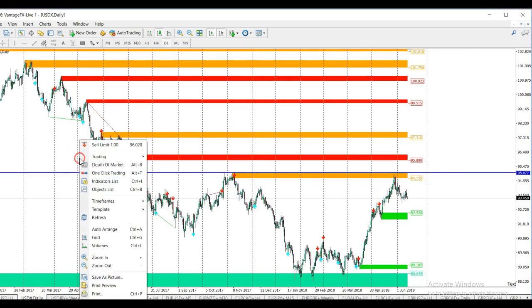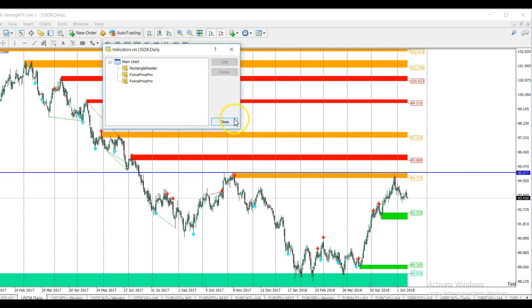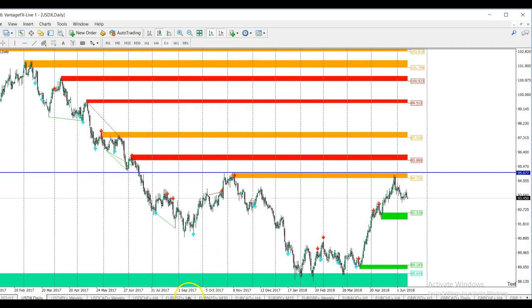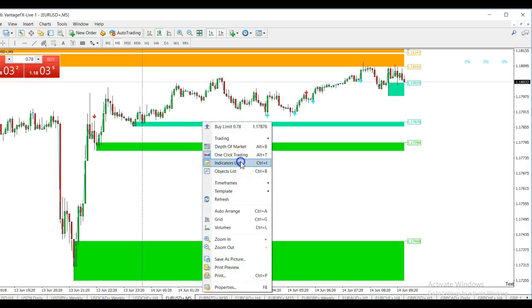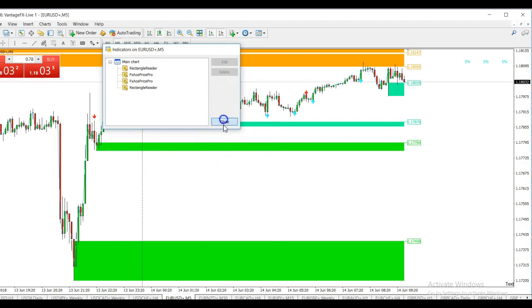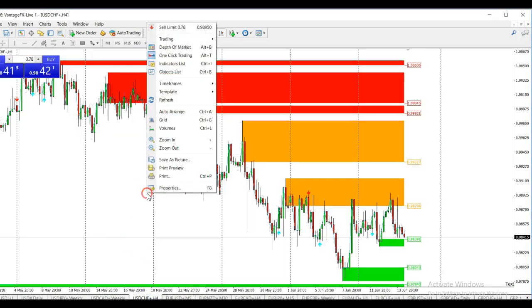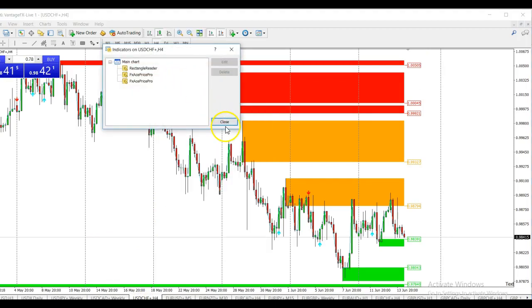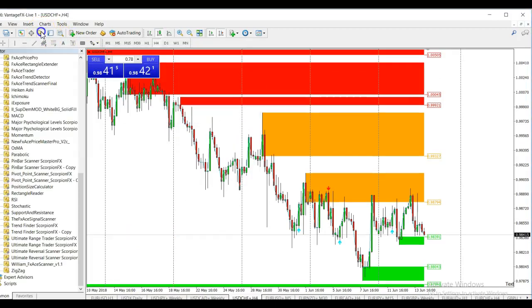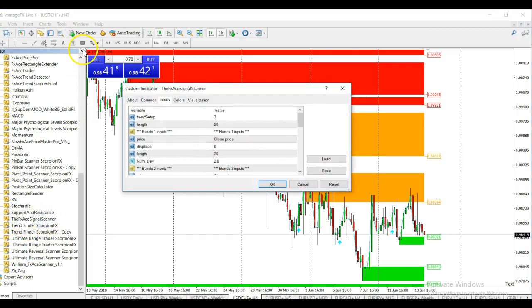What chart's it on? Could be on the euro. Anyhow, where is it? FXS signal scanner. Okay.